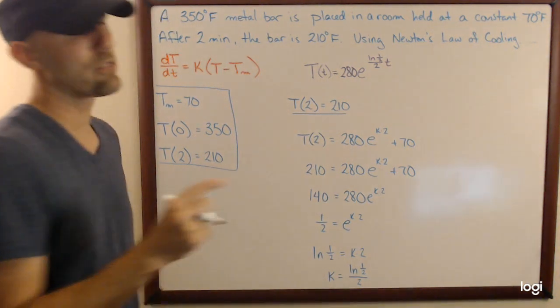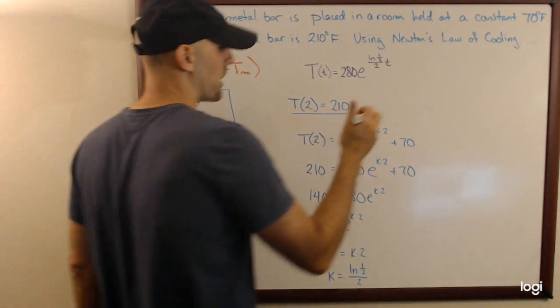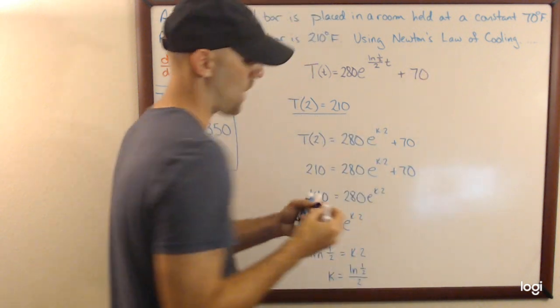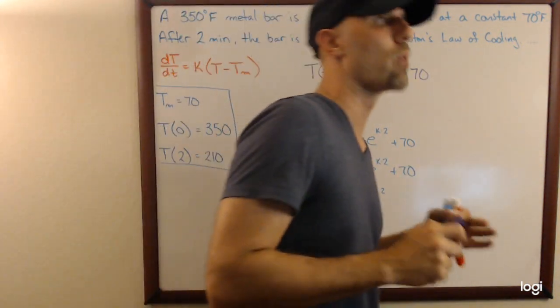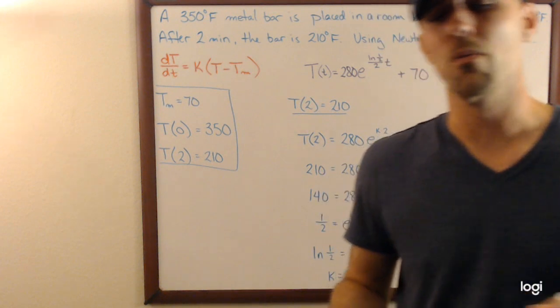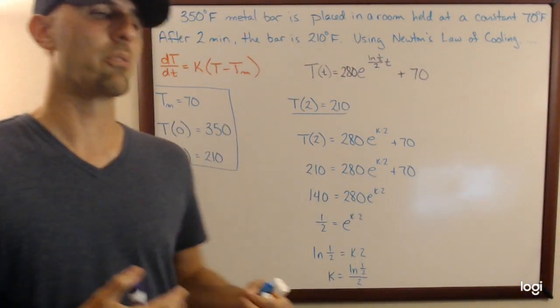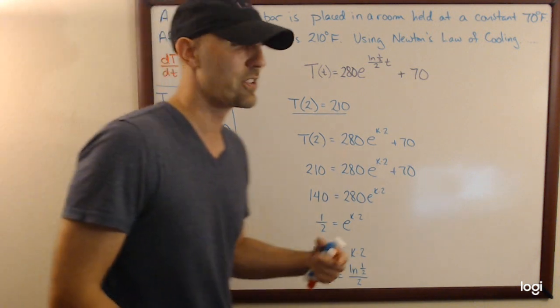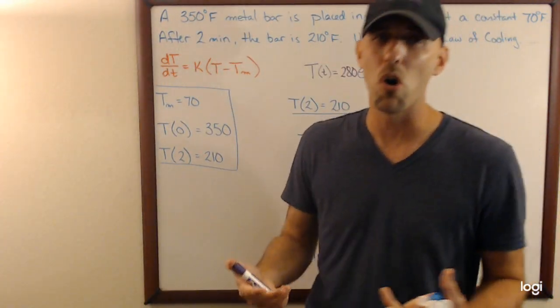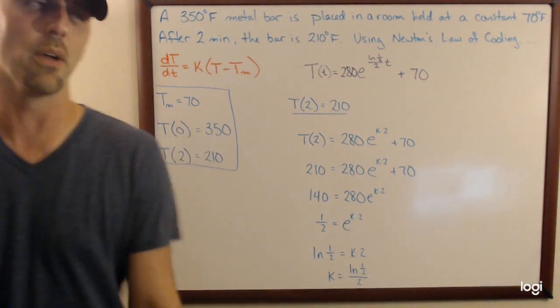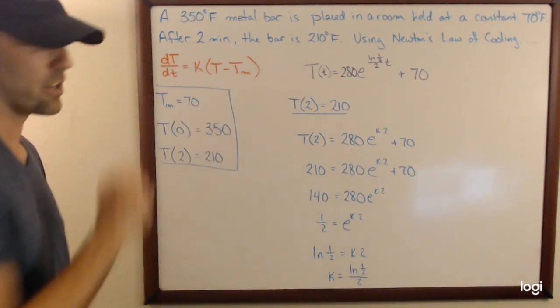If you type natural log of 1/2 over 2 into your calculator, you're going to get a very, very awful decimal that you're going to have to round. Don't round now. In fact, I don't even want you to round ever. But again, don't round early. You never want to use a rounded answer to get another rounded answer. Every time you round something, the answer you have is wrong, and you make it more wrong by using that to find other answers and then round those. So again, there's my model.